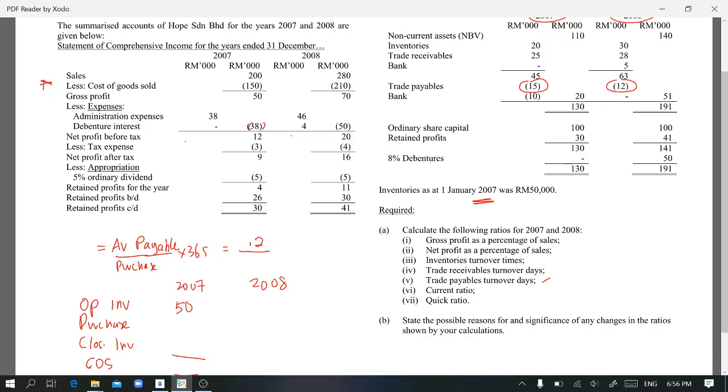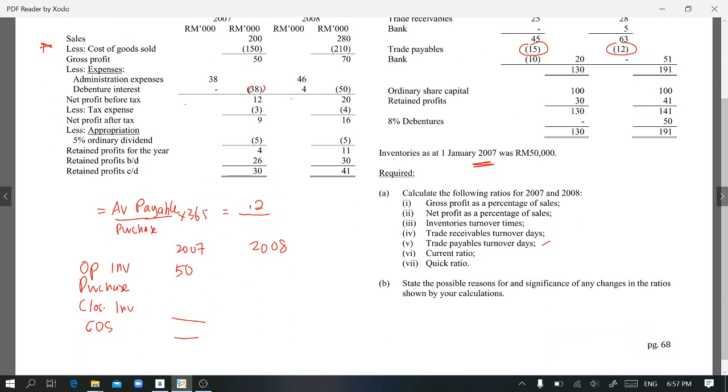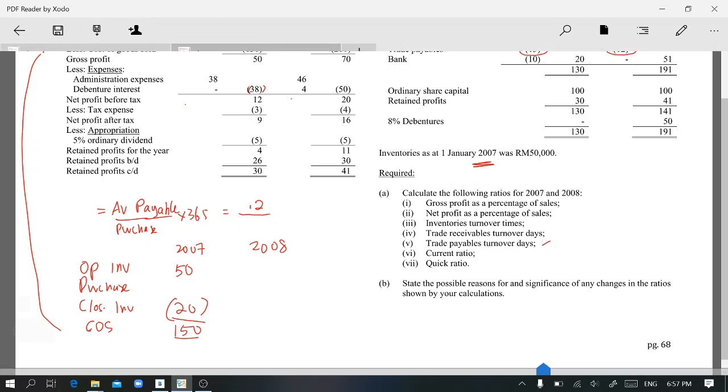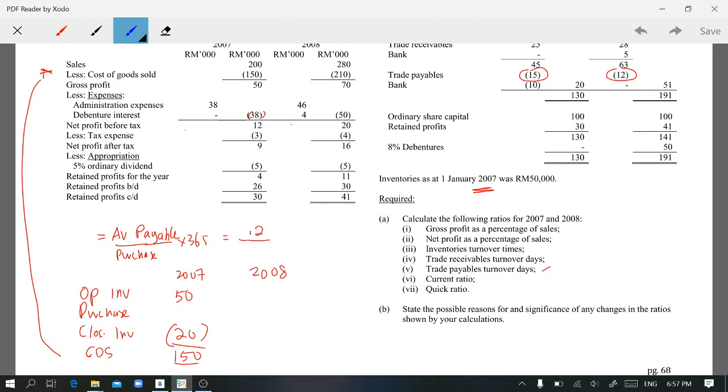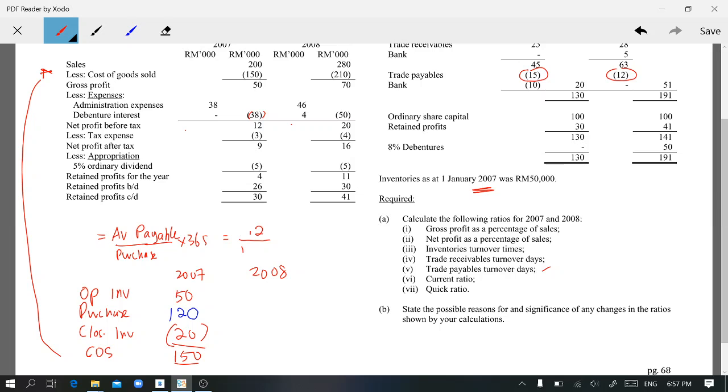What is my closing for 2007? 20. And cost of sales is 150. So with that I can find my purchase. Okay, so my purchase is 120. So transfer to here, 120 times 365.